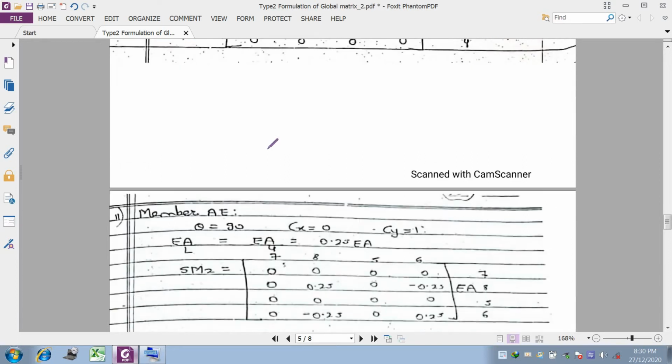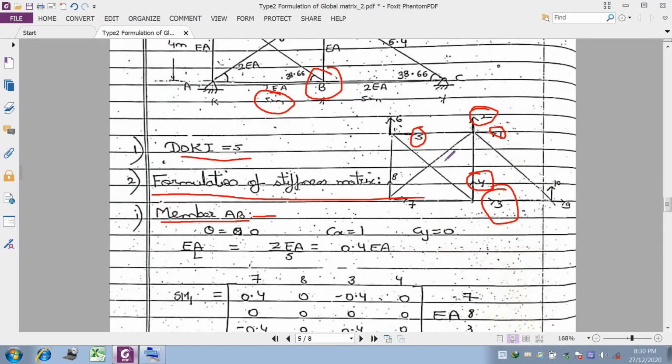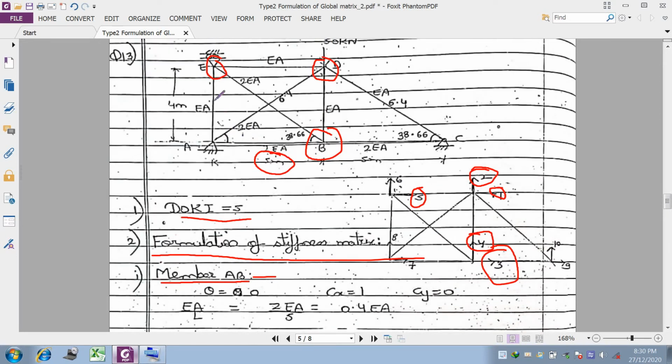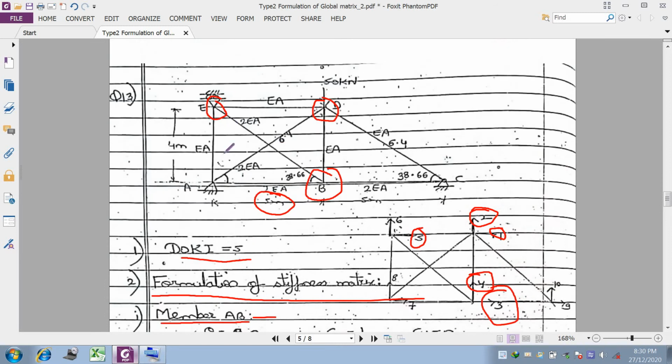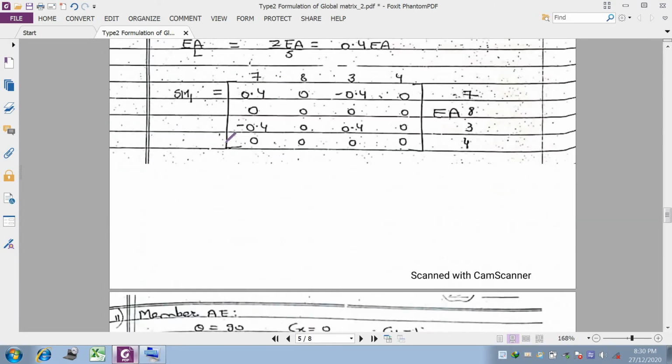Now similarly, consider the second member, that is AE. For AE, the angle theta is 90 degrees, so cos 90 is 0 and sin 90 is 1. For AE, the value is given as EA, and the length is 4 meters.